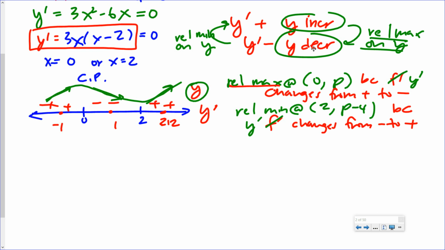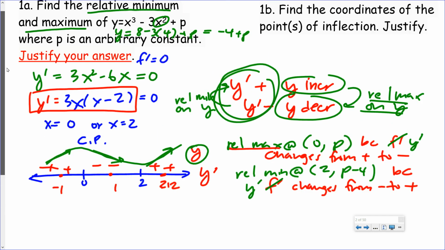Because it's a definition, not a justification. Does that make sense on the AP test? Y increasing to Y decreasing is not wrong. I mean, it's wrong as a justification, but it's a true statement. Okay, so when you're justifying, always use your primes. Okay, don't use your Y's for justification. All right. Okay, let's look at POIs.